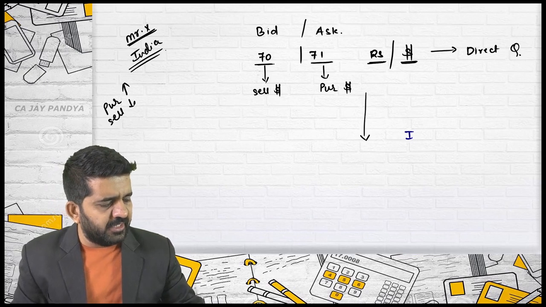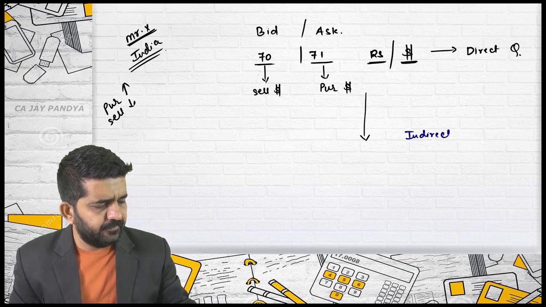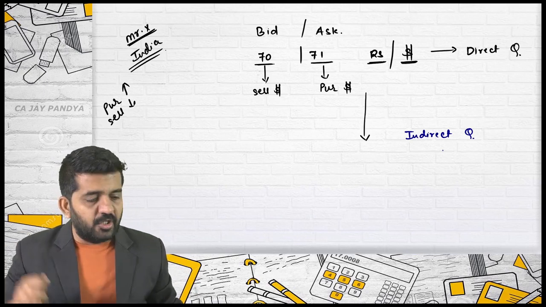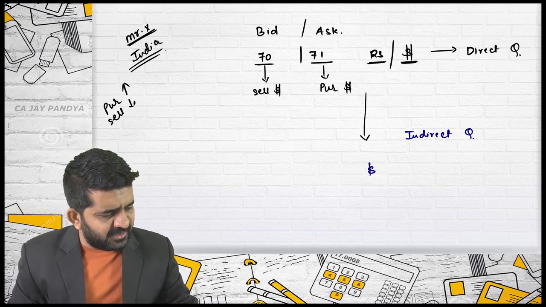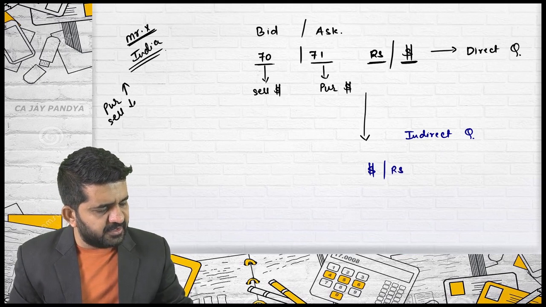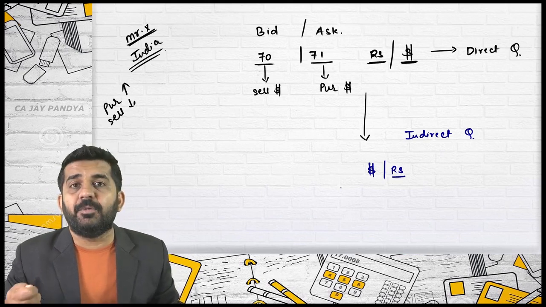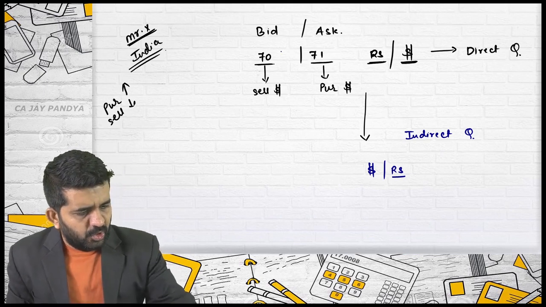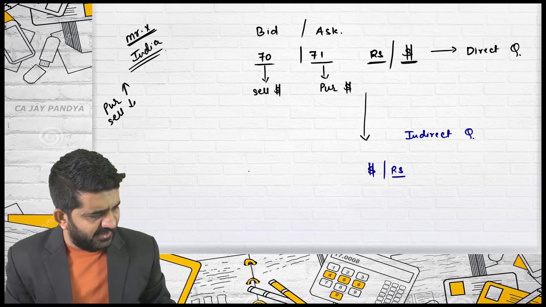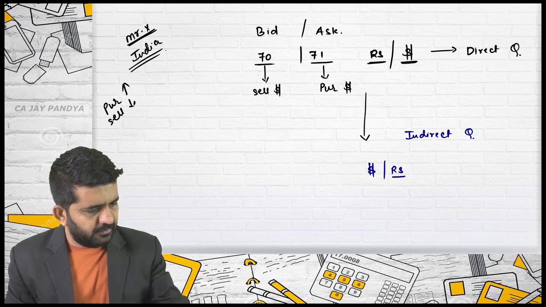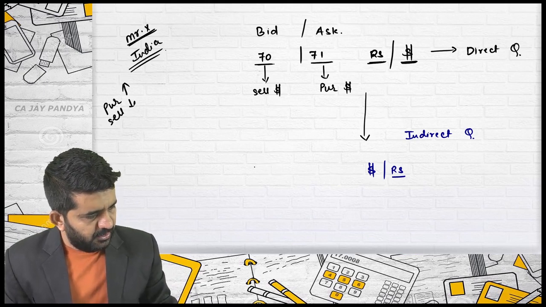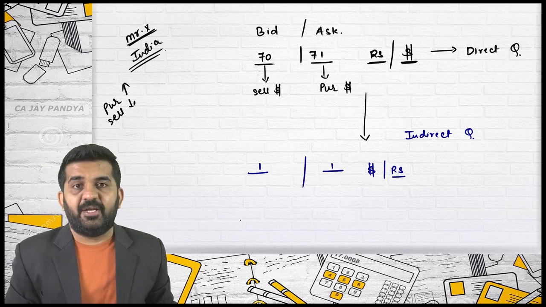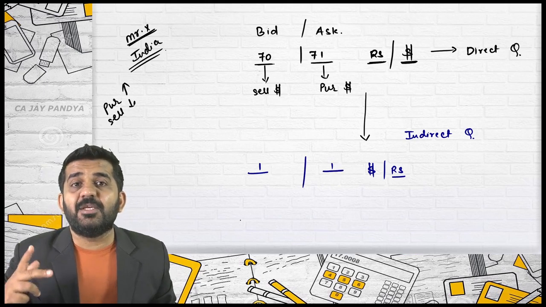and then we went on understanding how to convert this direct quote into an indirect quote. The answer will be dollar per rupees, so this will be the rate of rupees and not of dollars. It will be 1 divided by the rate. It will be a reciprocal.